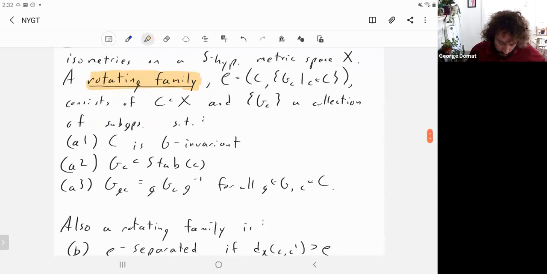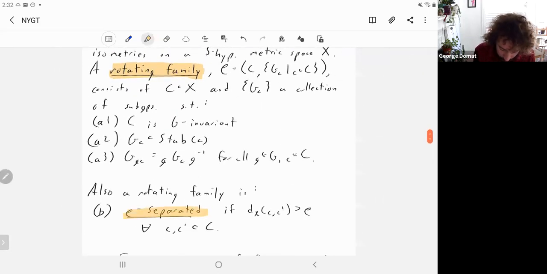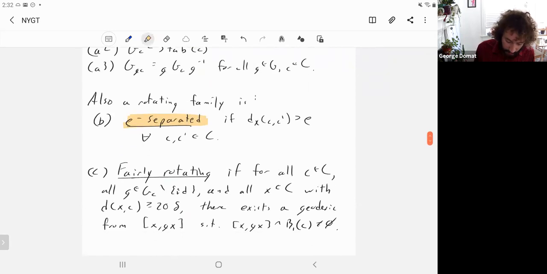Great. And then there are kind of two other conditions. So it's rho separated. Again, just if all the points in C are at least rho apart from each other. And then what is our definition of fairly rotating? So I kind of said it out loud.